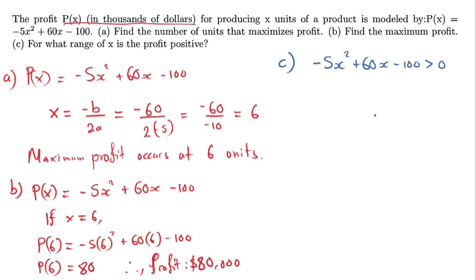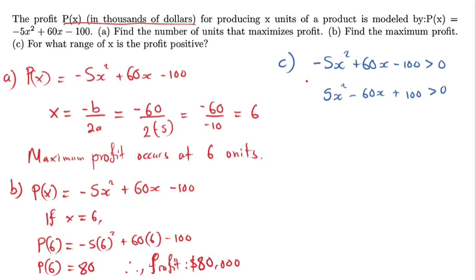To simplify, I can first divide throughout by a negative, so everything that was negative becomes positive and what was positive becomes negative.